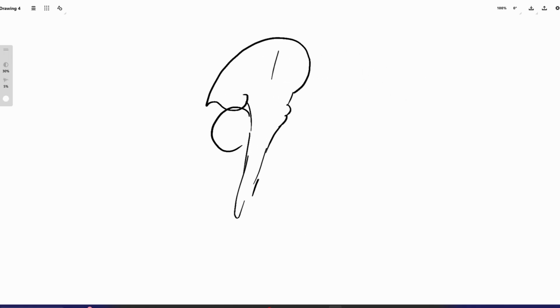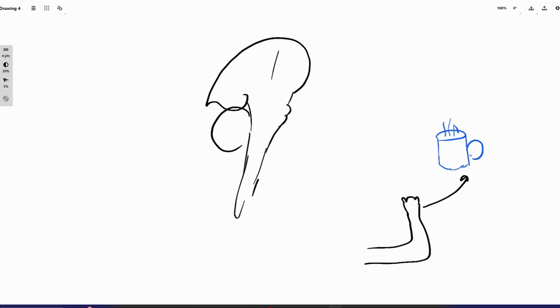This is a cup of coffee that you want to pick. This is a hot cup of coffee, and you have your hand somewhere here. You want to move your hand towards this cup of coffee and pick it.